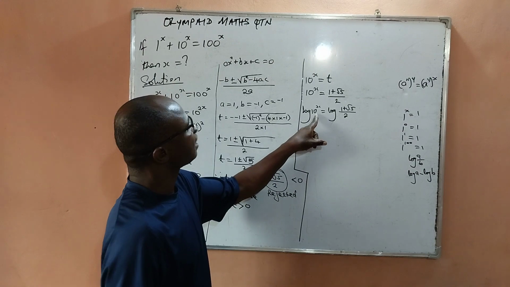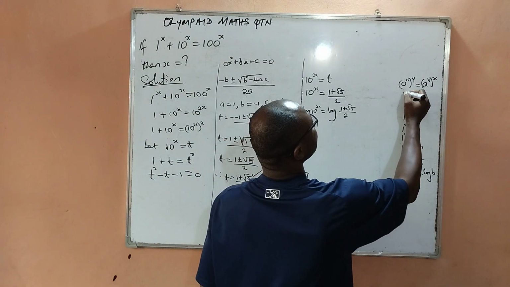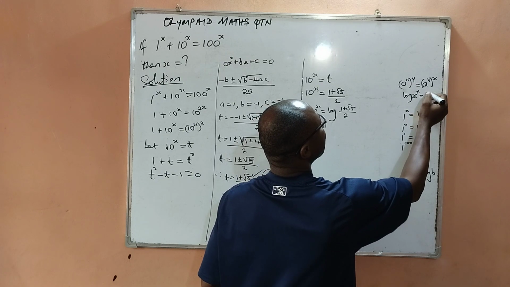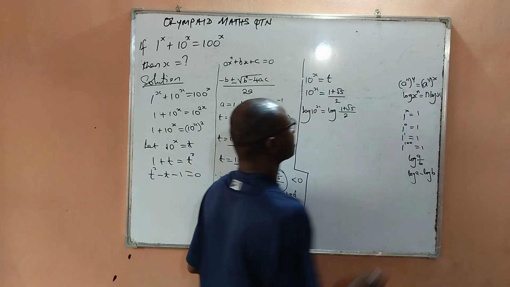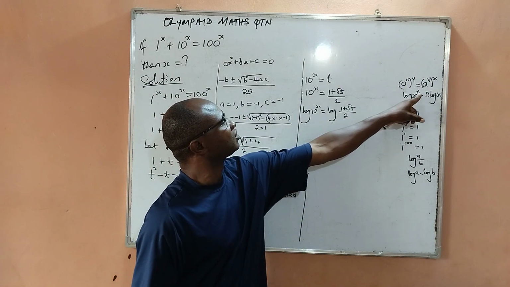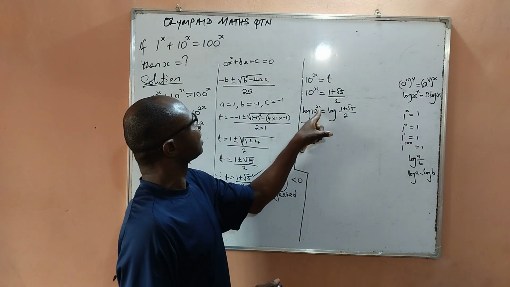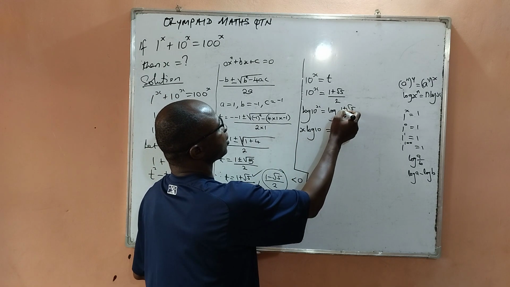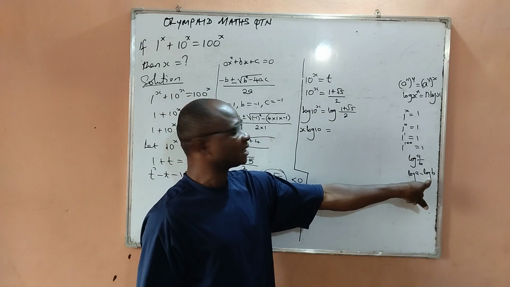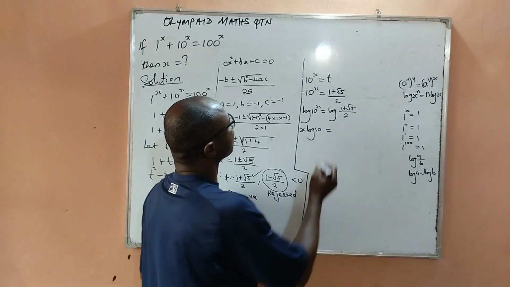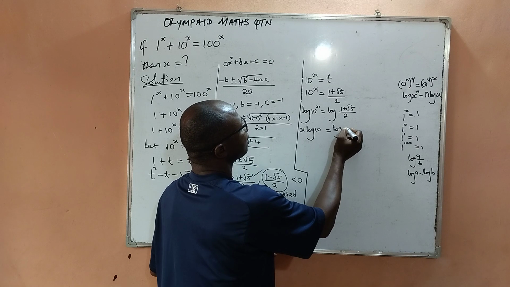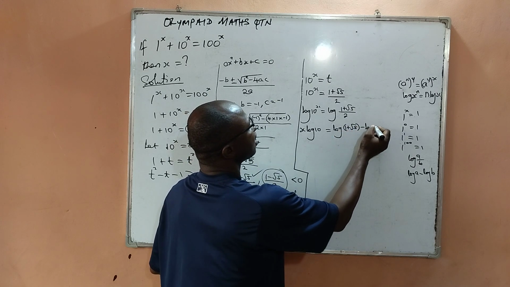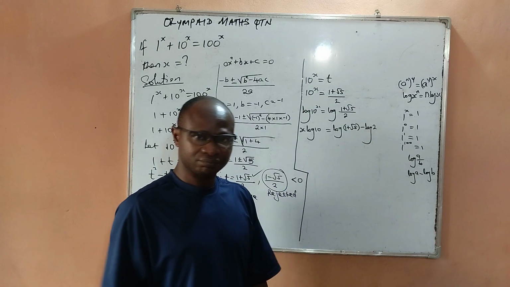And from here also, if you are given log x raised to the power n, it is the same thing as n log x. What it means is that n will come to the front. So this x now will come to the front to give me x log 10 equal to, this place I can now apply the division law of logarithms, which will now become the log of 1 plus root 5, then minus the log of 2. Very good.